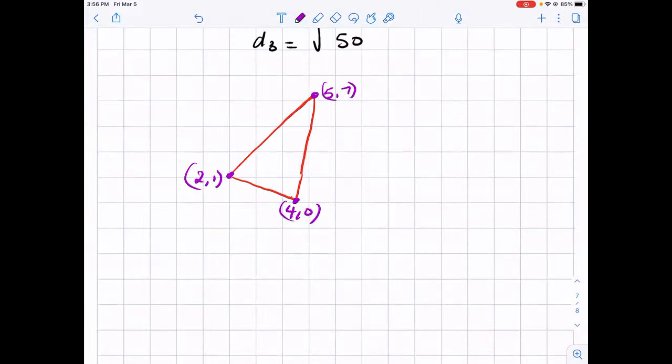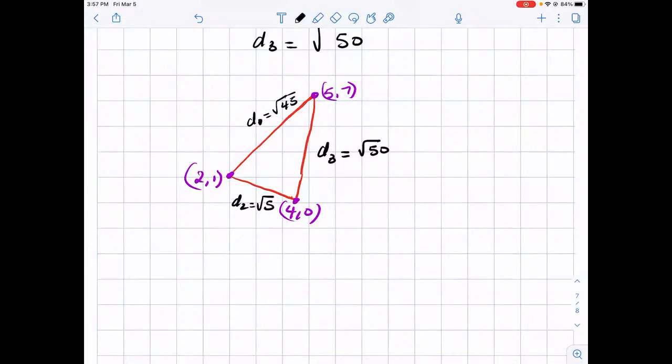And we saw that D3 is equal to the square root of 50, D1 is the square root of 45, and D2 is the square root of 5.